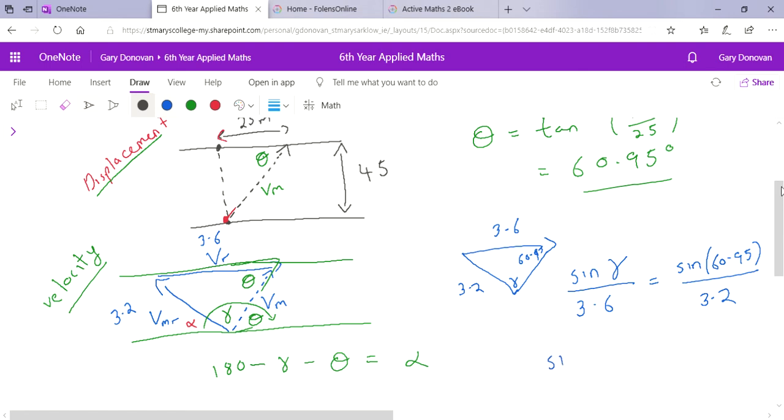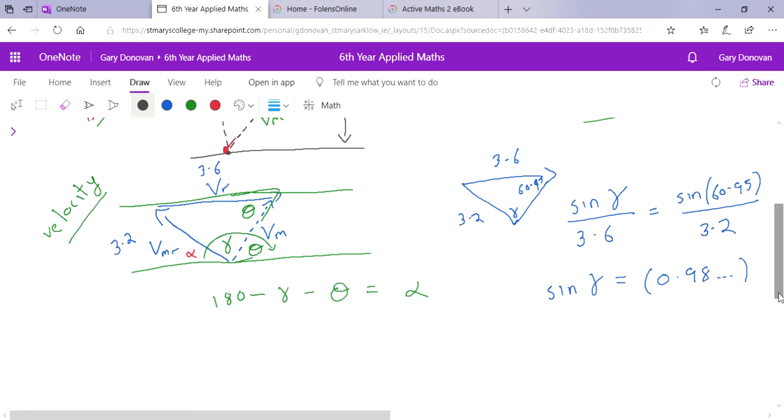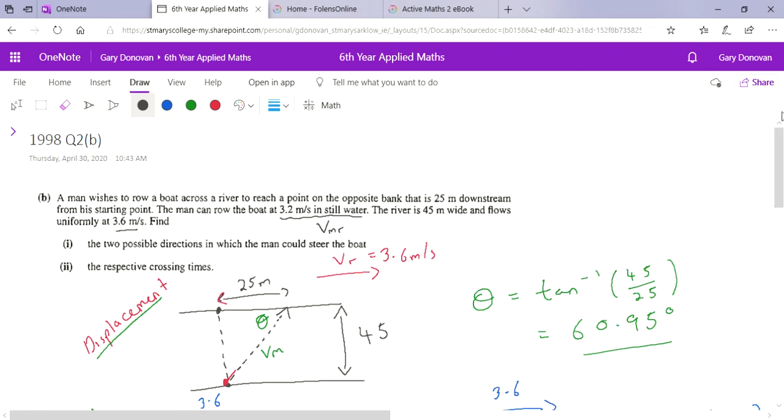That gives you sine of gamma equals 0.98 and so on. You can keep it in your calculator so you're not truncating your answer. And that gives you gamma equals 79.56 degrees, or remember your unit circle, 100.43 degrees. And I know I need two angles there because the question said the two possible directions. So this is where we get our two angles from.